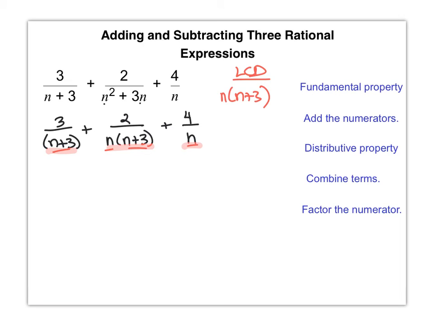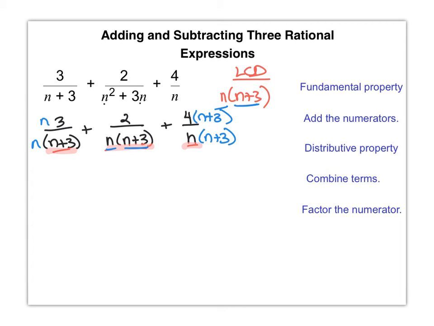The first fraction's denominator is missing the n, so I can multiply the first denominator by n as long as I multiply the first numerator by n. The second fraction already has the least common denominator, so there's no reason to multiply by anything for the second fraction. The third fraction, however, is missing that factor of n plus 3, so we can multiply the denominator by that factor of n plus 3 as long as we multiply the numerator by n plus 3.